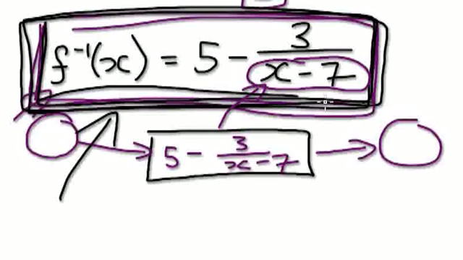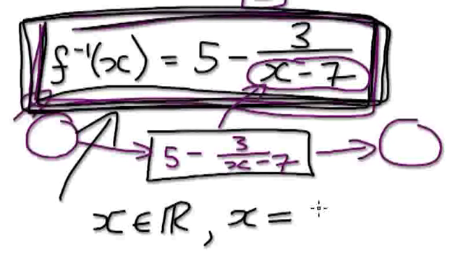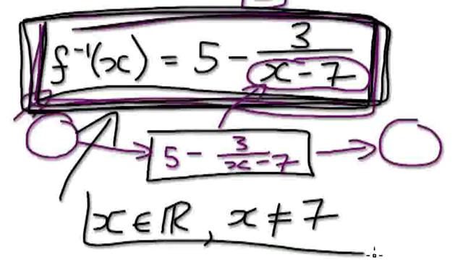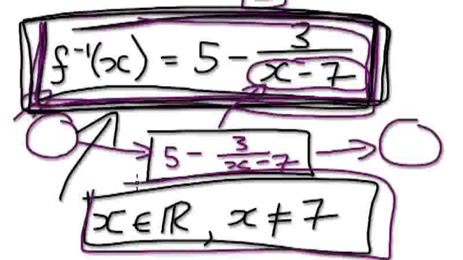So the inverse function is this, and the domain will be anything on the real number line except when x equals positive 7. So it's saying you can have anything on the real number line, but not the number 7. Okay. So the inverse is this, and the domain is this.